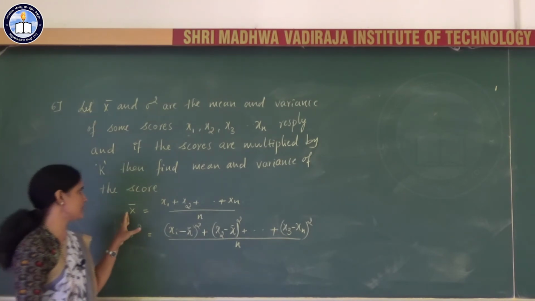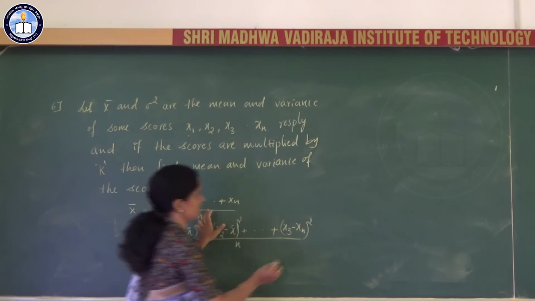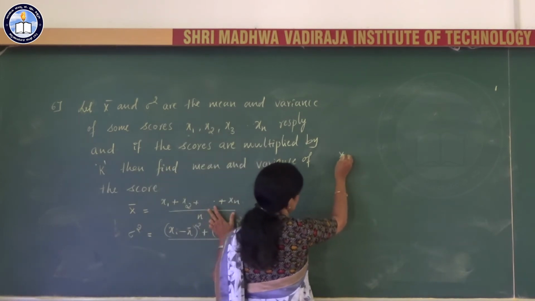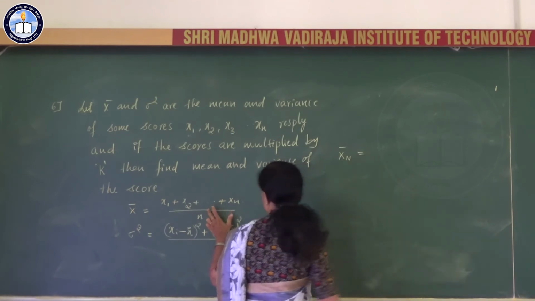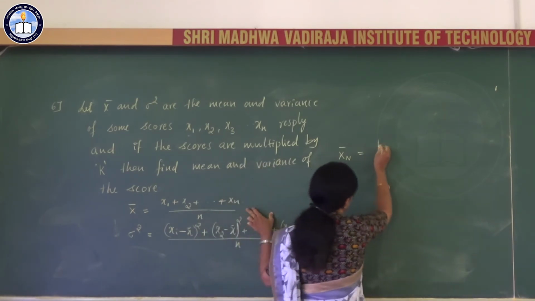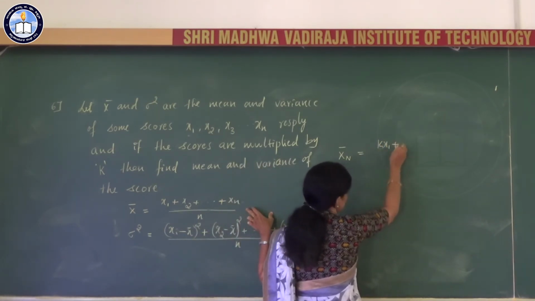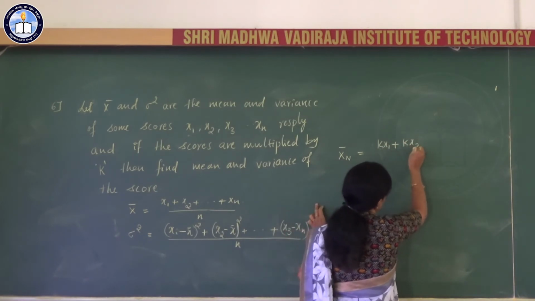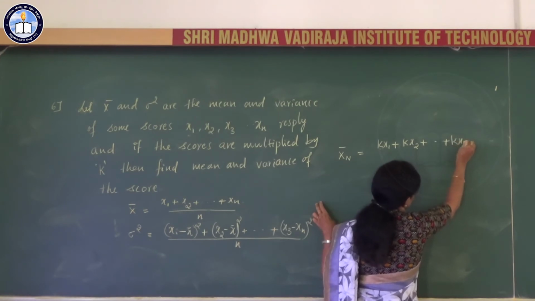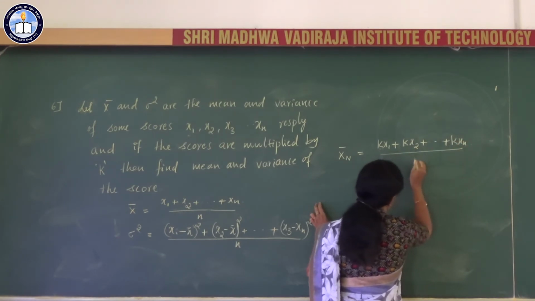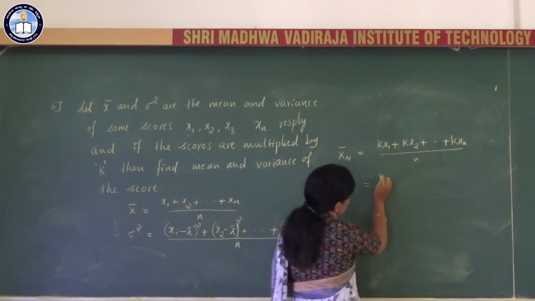So I will multiply each score with k. That becomes the new mean. So k into x1 plus k into x2 plus up to k into xn, divided by n. I will take k outside.